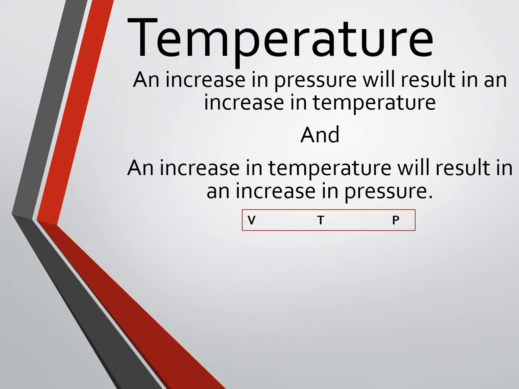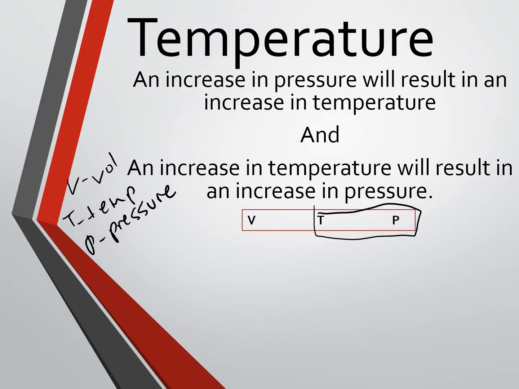So last year we kind of learned about this a little bit in chemistry, and we taught it either in the gas laws or through a VT strip, which V stands for volume, T for temperature, and P for pressure. And so this is how this little strip works. Let's say, for example, that I want to see the relationship between pressure and temperature.